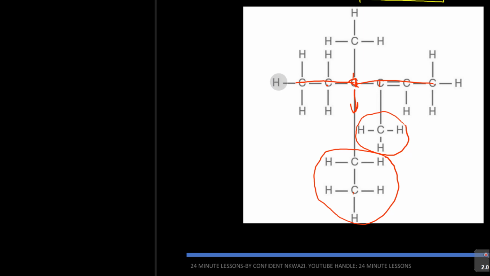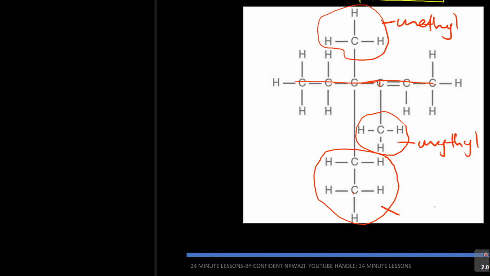And if I continue moving straight, this other one also is another branch. So I've got a methyl here. Even here I've got a methyl, that's the CH3. And then here there are 2 of them, that is ethyl. See that? And then the straight chain.